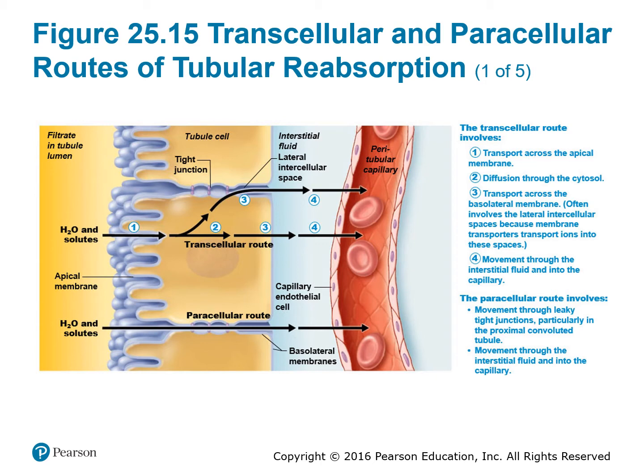The blood doesn't come in contact with any of our parenchymal cells directly. The paracellular route involves movement through the leaky tight junctions. Here are the tight junctions, particularly in the PCT, the proximal convoluted tubule, then movement through the interstitial fluid and into the capillary. Here's our capillary.